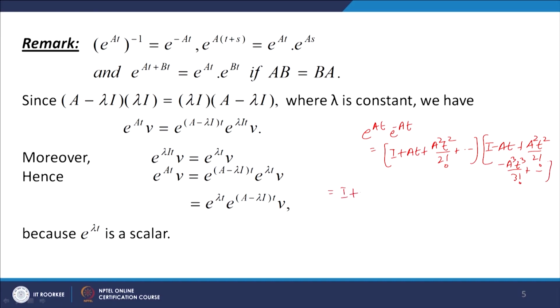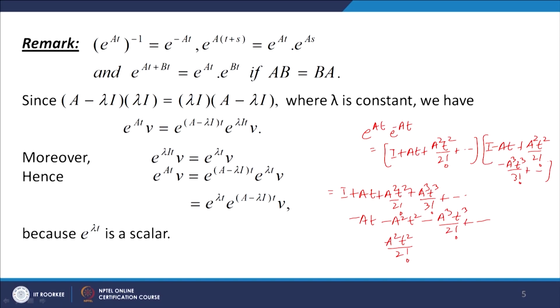So, I plus At plus A squared t squared by 2 factorial and so on, then minus At. So, we get minus At, then we multiply minus At here. So, minus A squared t squared, then we multiply minus At here. So, minus A cubed t cubed by 2 factorial and so on. Then you multiply by A squared t squared by 2 factorial. So, you get A squared t squared by 2 factorial.